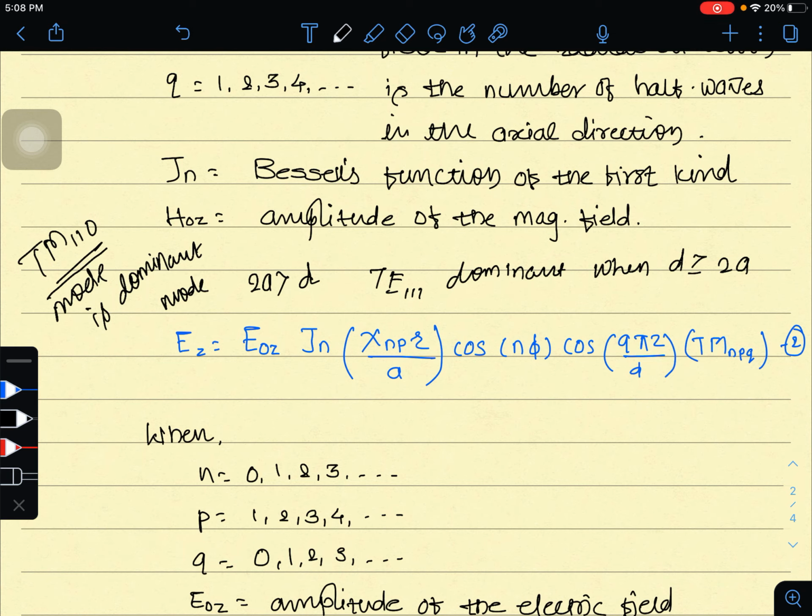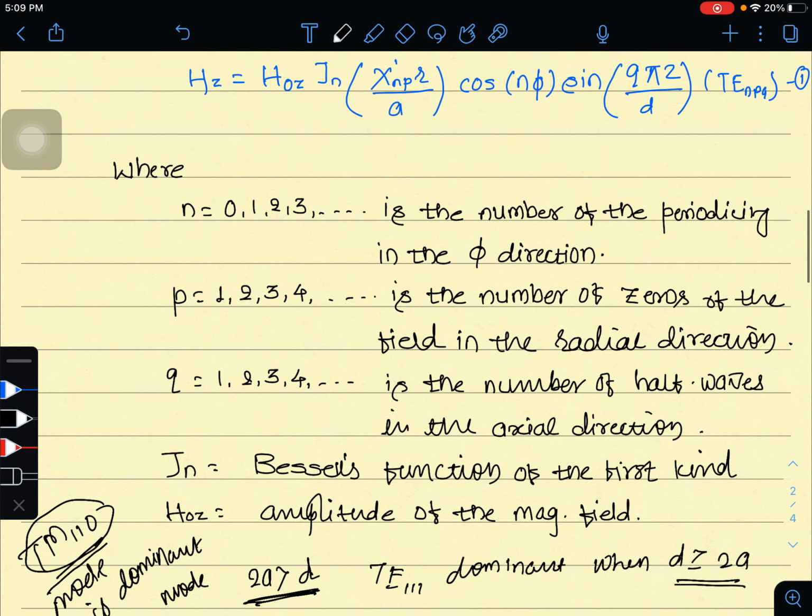In that, we need to understand the criteria. When 2A is less than D, the dominant mode happens in TM110. That means n is equal to 1, p is equal to 1, but q is equal to 0.